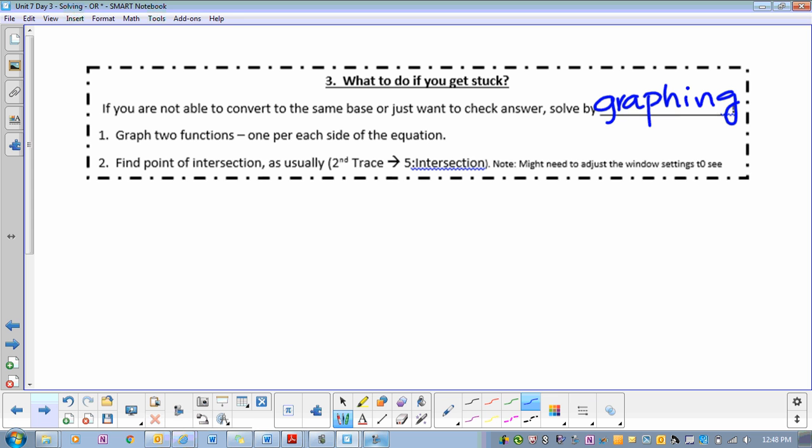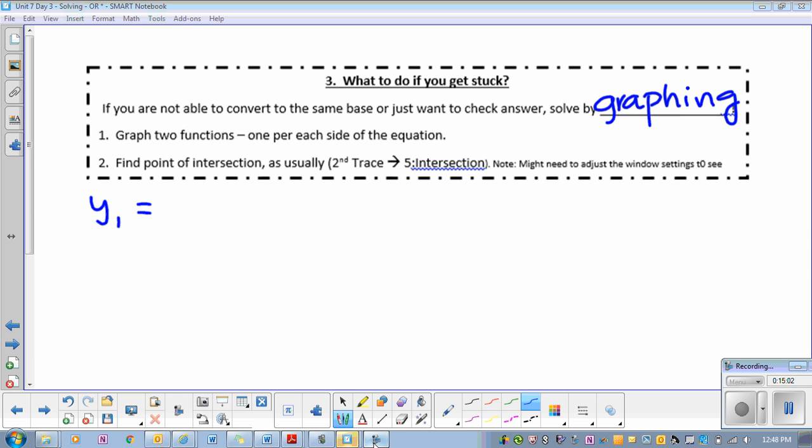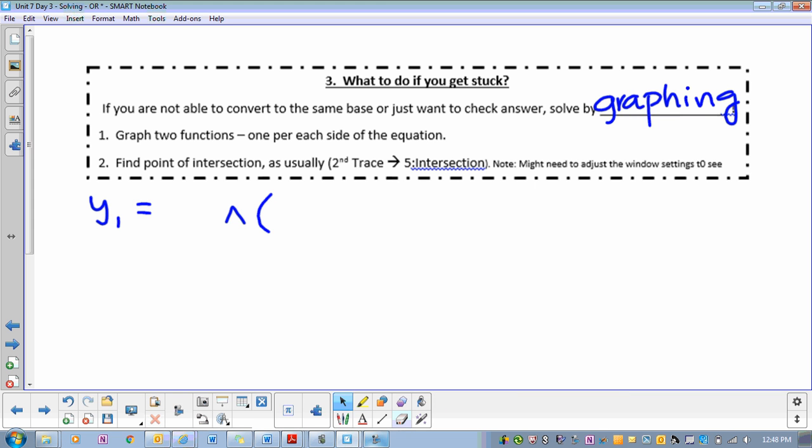Yep. You can solve it by graphing. So that 9 to the x plus 1 power equals 27 to the x minus 1 power. Say I couldn't come up with, they both have a base of 3, right? Okay, well then you can just graph it. Into your y equals, into y1, you can put in 9 to the x plus 1.